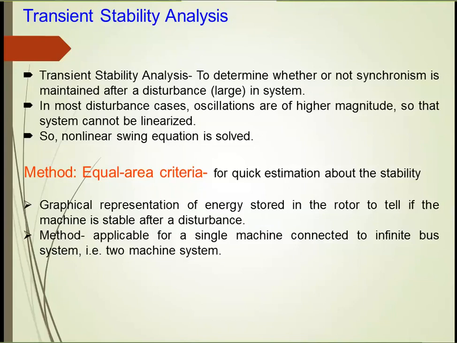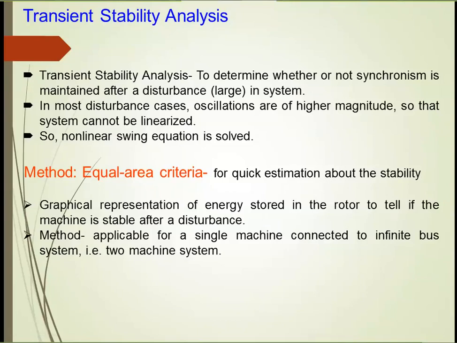So in fact, this is one of the quickest methods for determining whether the system is stable or not. This is one of the best methods, and it is based on what we call acceleration and deceleration.